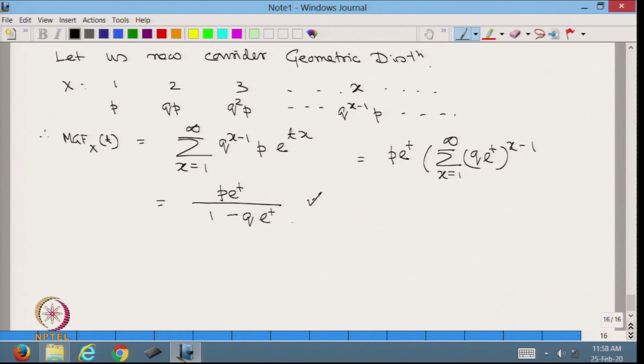So, this is the moment generating function for the geometric distribution that we have considered.